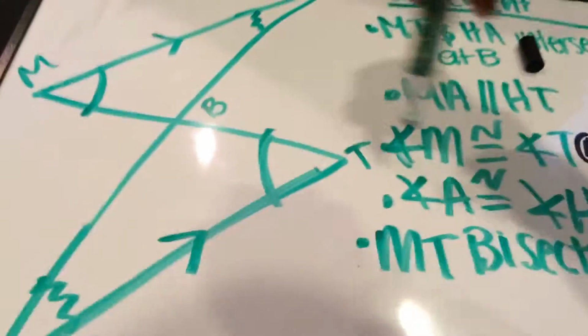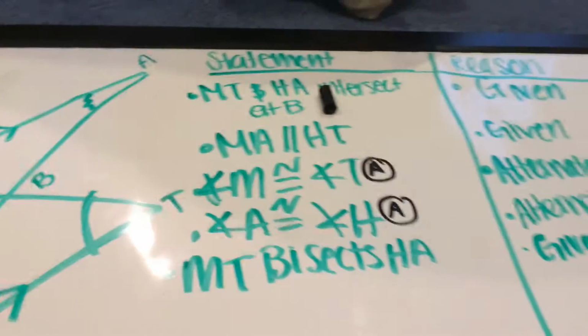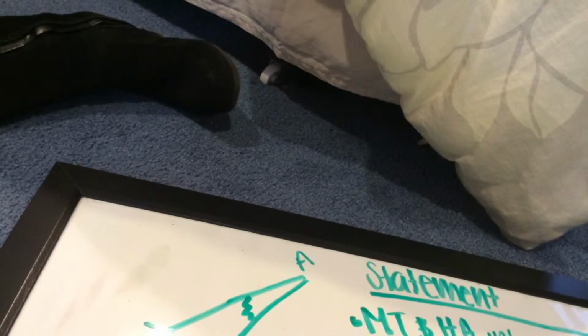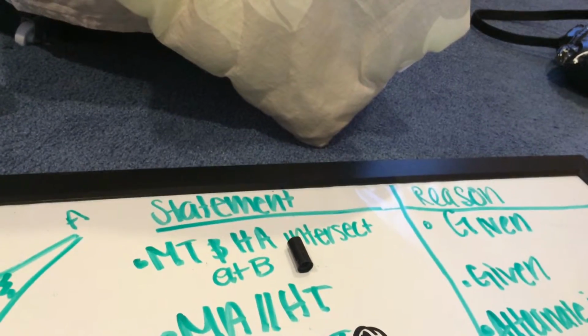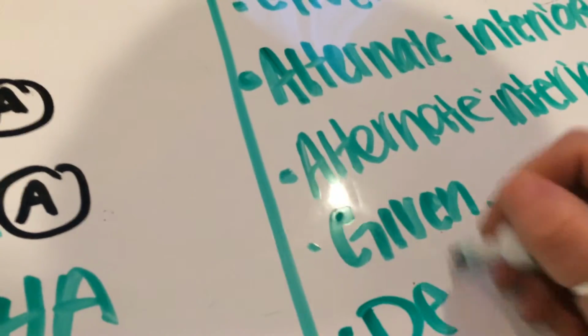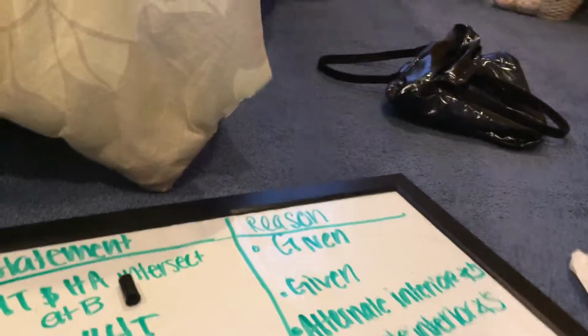So MT is the line that's cutting this line HA in half. So from H to B and B to A, they're congruent. So HA is congruent to line BA. Definition of bisector. Now this gave us a side.